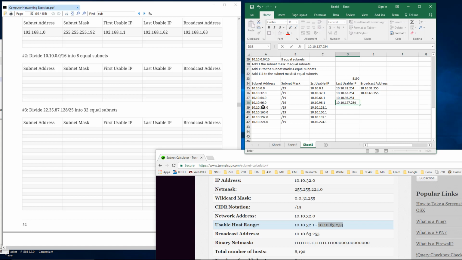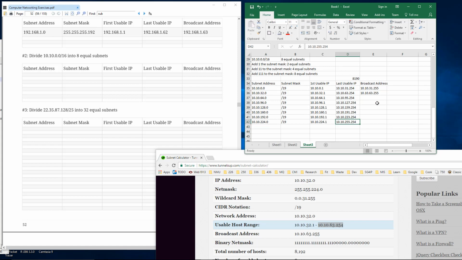It's also 1 less than that third octet on the following line. Whatever works for you. 10.10.159.254, 10.10.191.254, 10.10.223.254, and now 10.10.255.254.